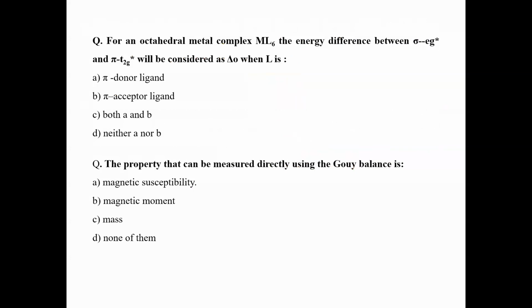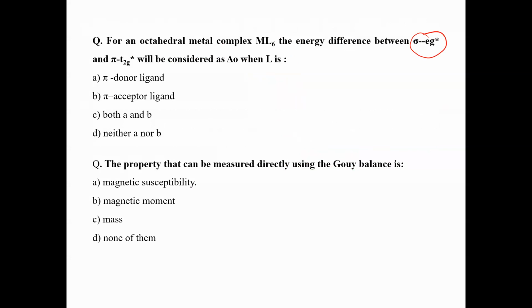So for an octahedral metal complex, the energy difference between the sigma eg star and the pi t2g antibonding will be considered as delta O, the octahedral crystal field splitting energy, when L is... So you have to identify whether it is a pi donor ligand, a pi acceptor ligand, both, or neither.